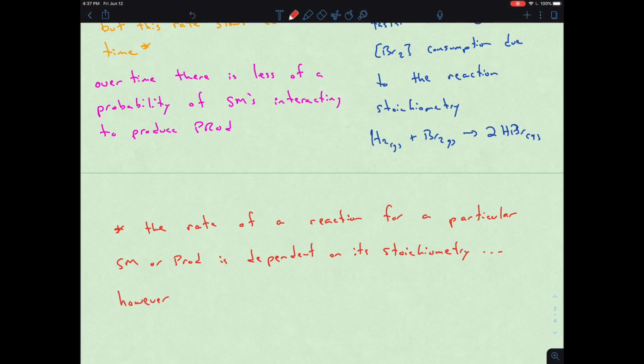However, these molecules are part of the same reaction.